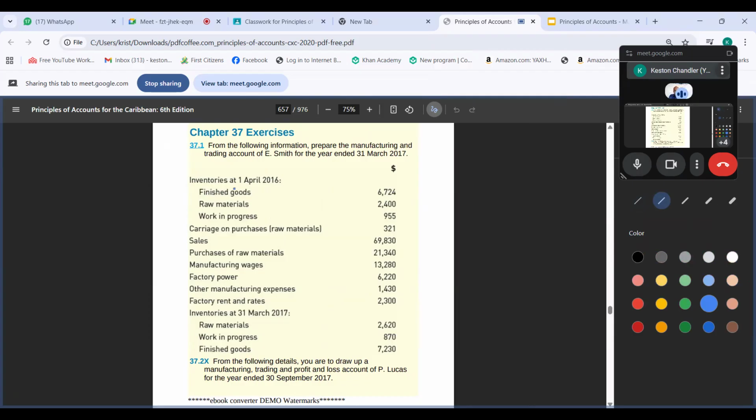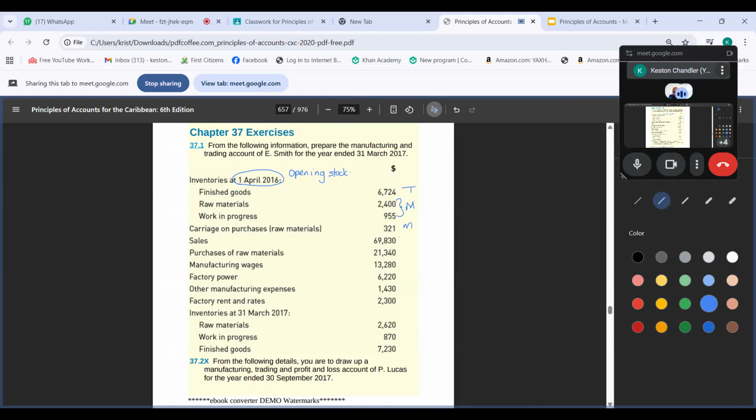The finished goods inventory, this is at the 1st of April. So you want to make little notes to help you process the information. 1st of April 2016, all of this is opening stock. Finished goods have to be used in the trading account. Raw materials and work in progress, this is going to be used in the manufacturing account, so I put in an M. Carriage on purchases, raw materials, this is a manufacturing account item.